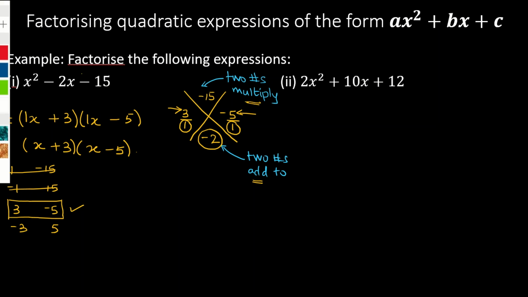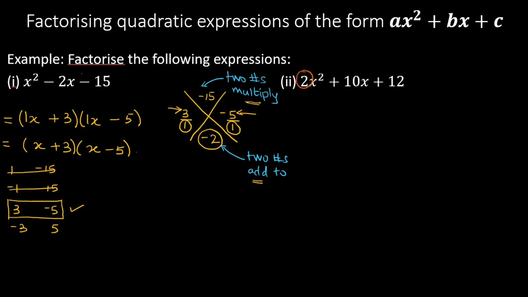So now we move on with another example. Here you have 2x squared plus 10x plus 12. Let us observe this quadratic very carefully. What is the leading coefficient? The leading coefficient is 2.